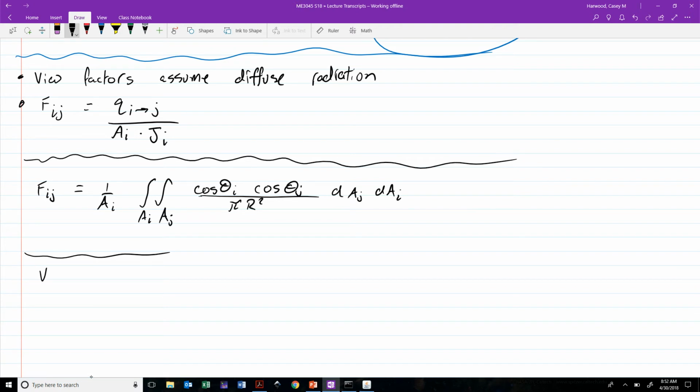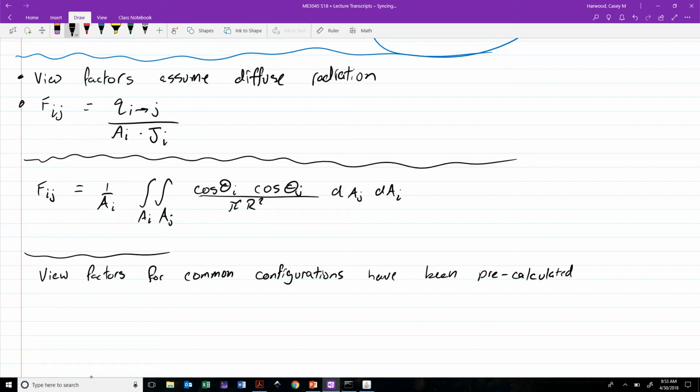View factors for common configurations, for our common geometries, have been computed already and are located in table 13.1, 13.2, 13.3, as well as figures 13.4, 13.5, and 13.6.